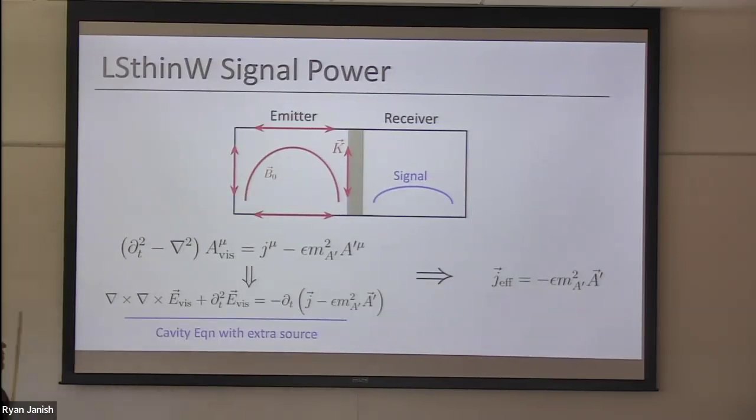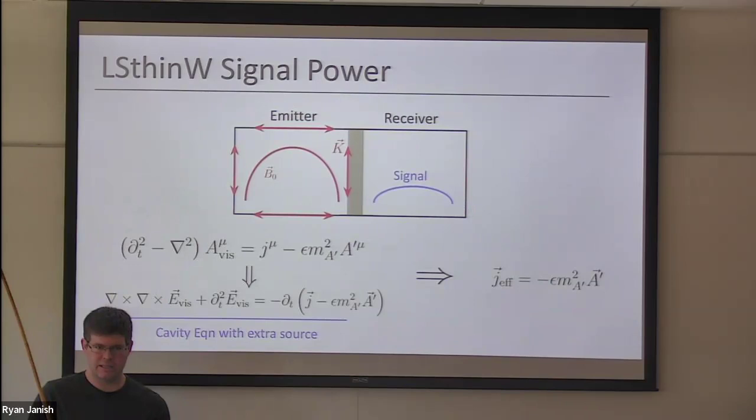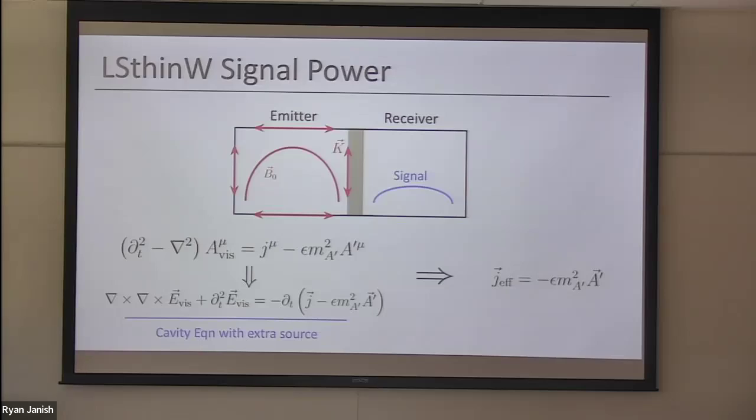So let me quickly go through how we calculate the signal for real in this experiment. Something interesting that we ran into is that the calculational formalisms that previous experiments have used do include the evanescent modes. Normally we can just take those formalisms and apply them to our setup. The evanescent modes are included just by default, right? When you solve Maxwell's equations, they're there.